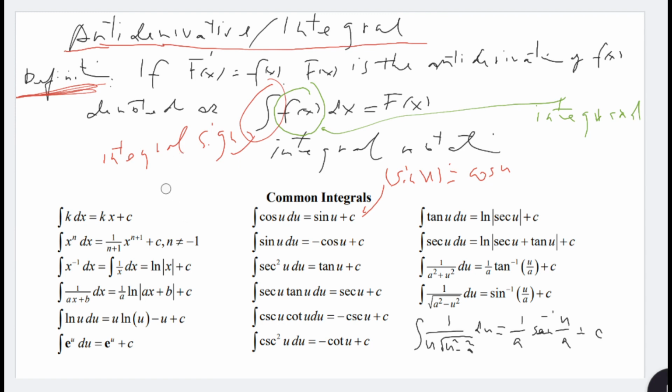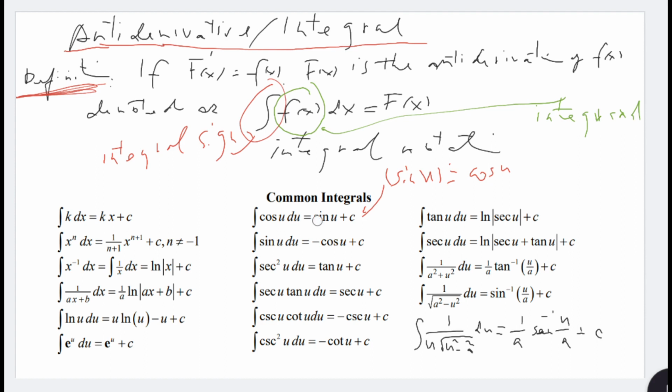Okay, so the following table shows all those basic antiderivative results, or integral results. We just call them basic integration formulas.